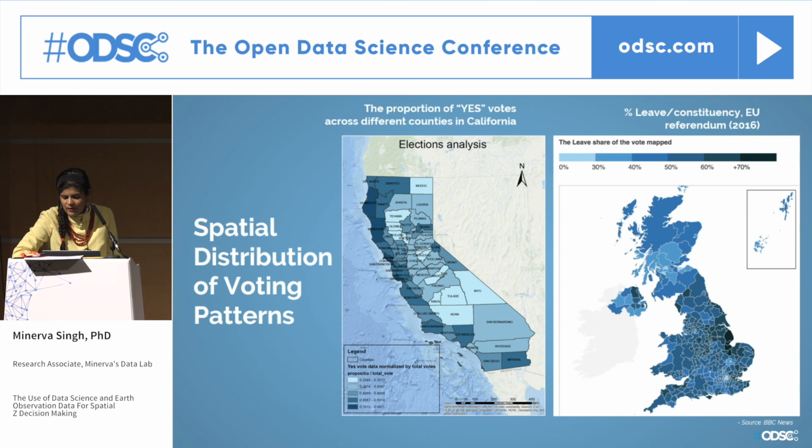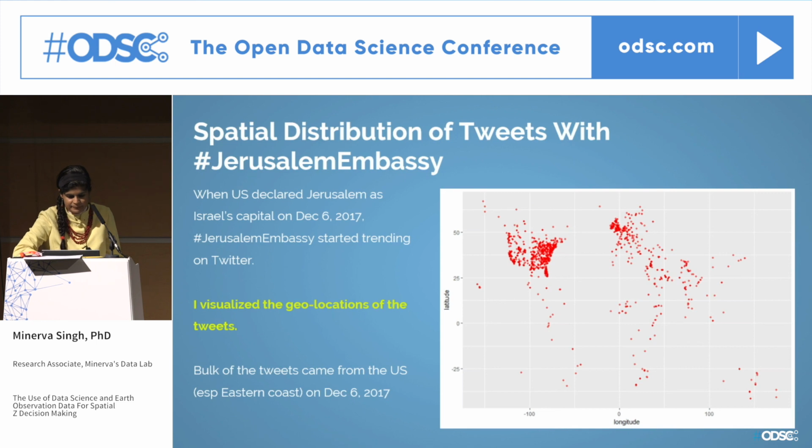Now another interesting use of spatial data has emerged in the field of Twitter or social media mining, where we can visualize the geolocations of tweets or Facebook posts pertaining to a topic. So now this is one example. You can see the spatial distribution of tweets with the hashtag Jerusalem Embassy.